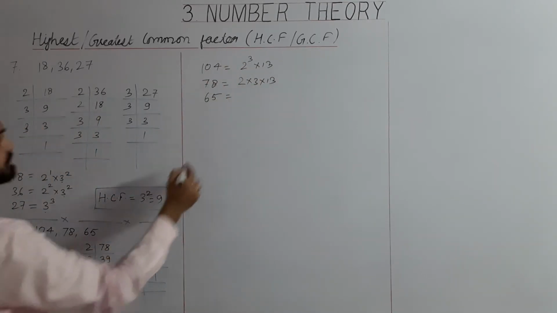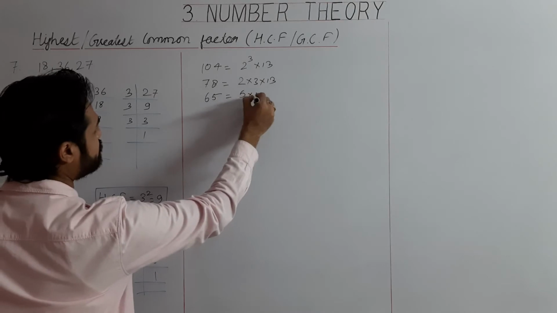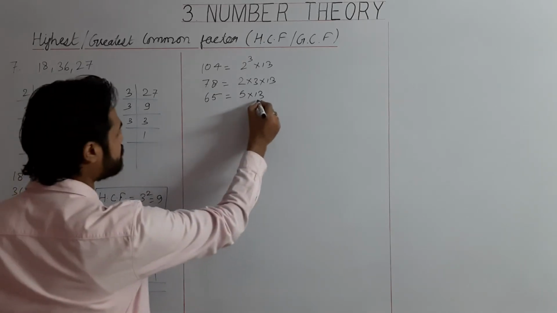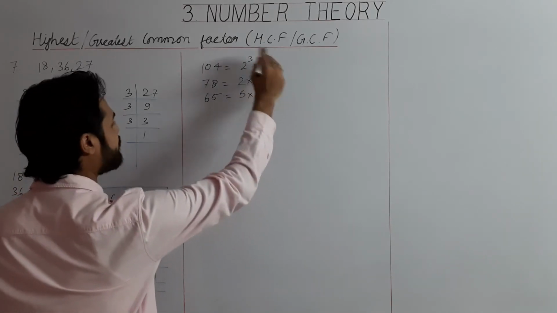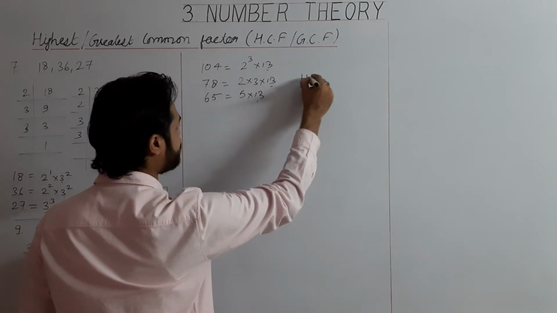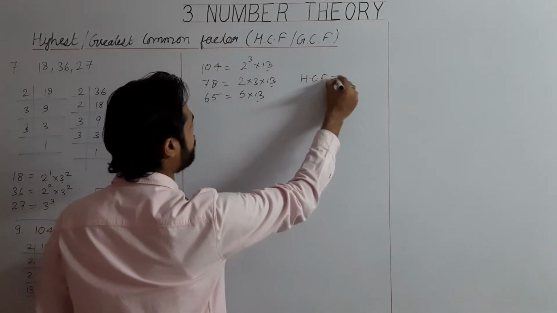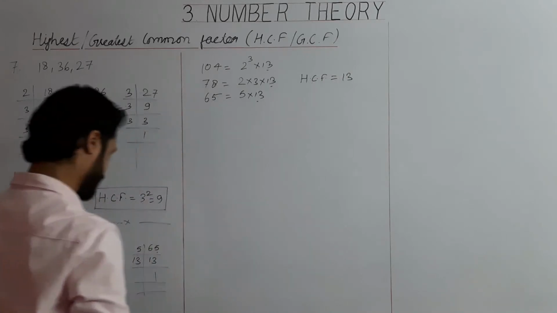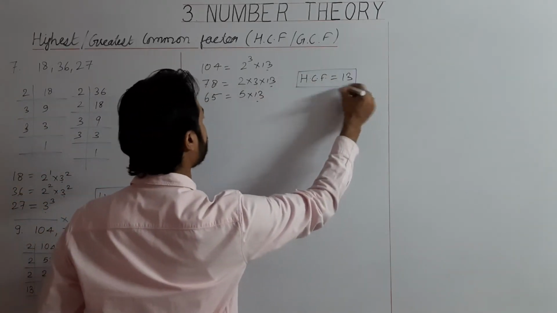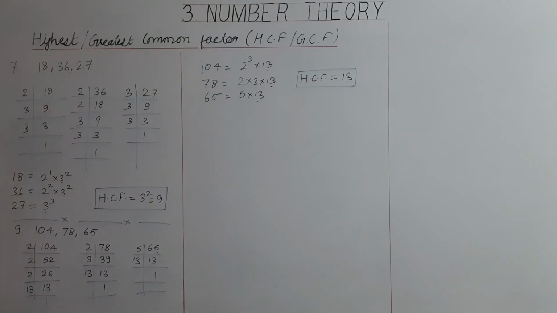And for 65, 5 into 13. So for all three numbers we have 13. 13 is common. And highest power of 13 means 13 to the power 1. So HCF is 13. HCF of 104, 78 and 65 is 13.